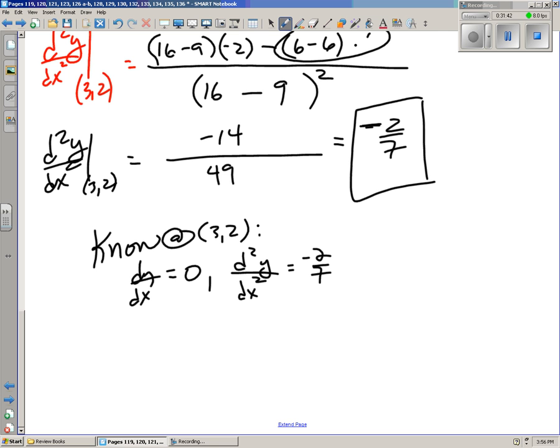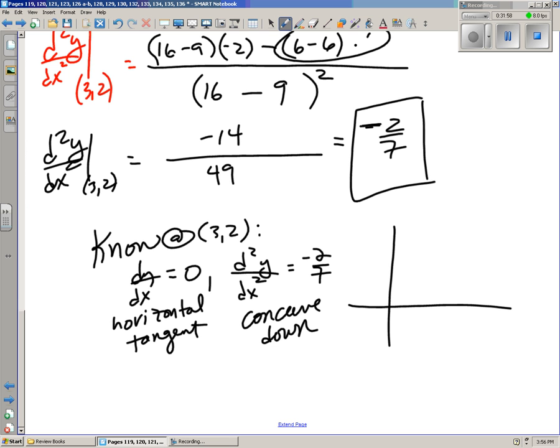Well, the first derivative being 0 tells us we have a horizontal tangent line. Second derivative says, if it's negative, we're concave down. So if we wanted to draw this out, at 3 comma 2, here's what we have going on. A horizontal tangent, and we're concave down at this point.